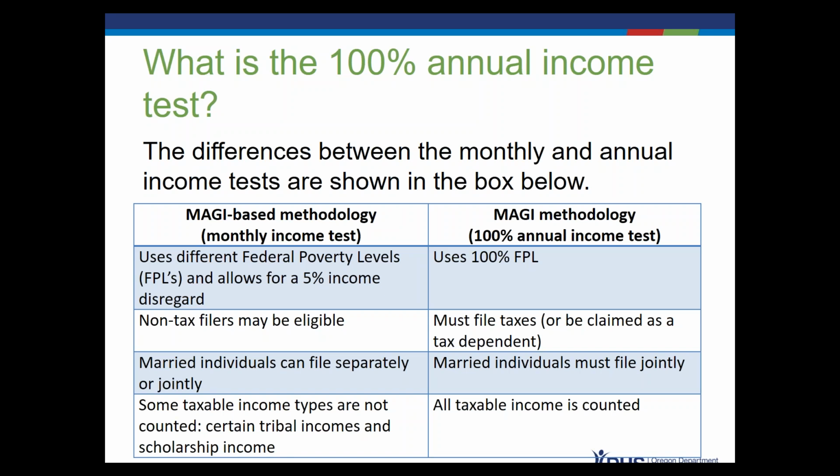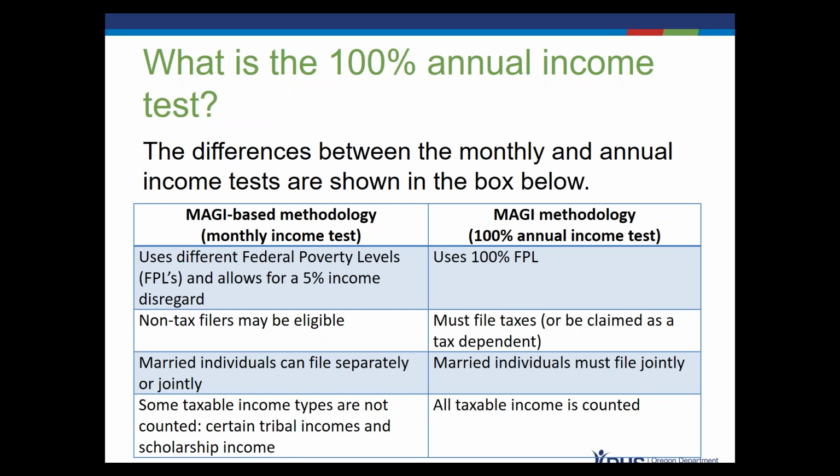So depending on what the demographics of a household and the individuals within it fall under, there will be different levels of income that count as eligible. For instance, CHIP for children goes up to 305%, OHP pregnant woman at 190%, and then adults is 138%. So that's an example of the different federal poverty levels we use.